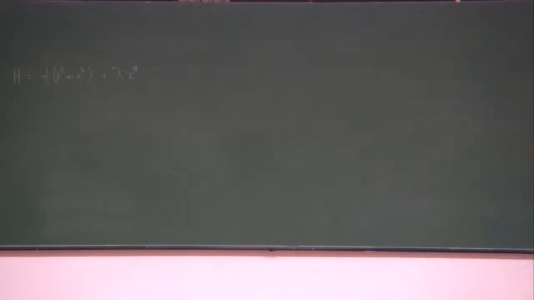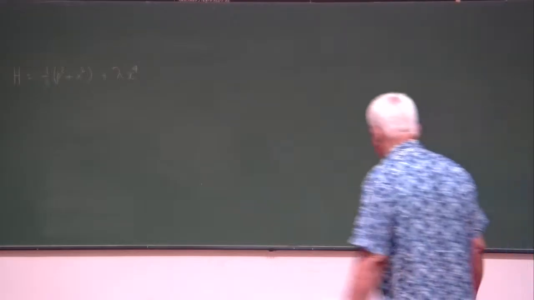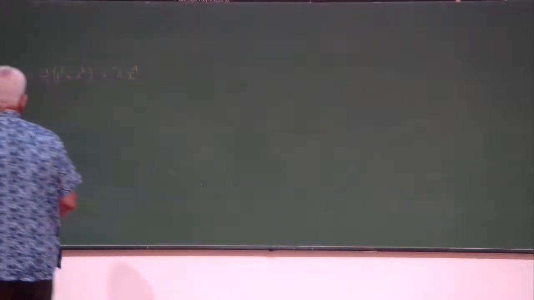We did particle in a box. Okay? What is particle in a box? The potential is 0 inside and infinity outside. Now I said the potential is 0 here. Let me write that example also. Particle in a box.